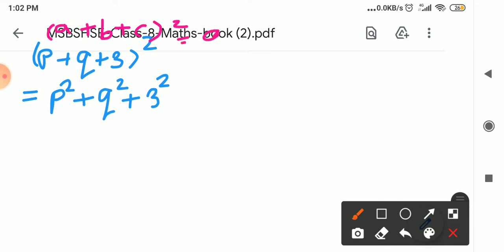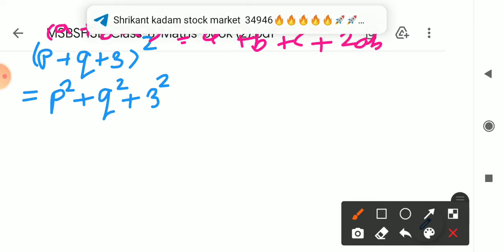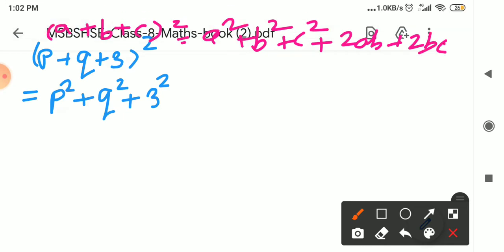So here it is A square plus B square plus C square plus 2AB plus 2BC plus 2AC. Space is not sufficient, better, plus 2AB plus 2BC plus 2AC.